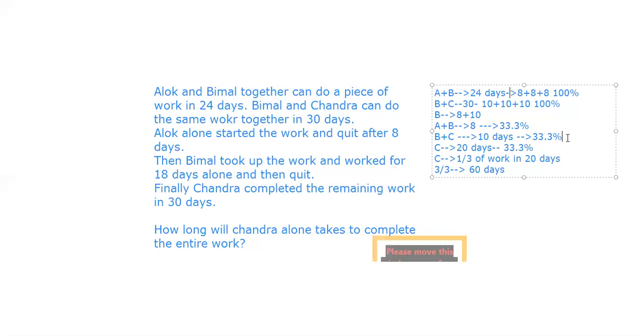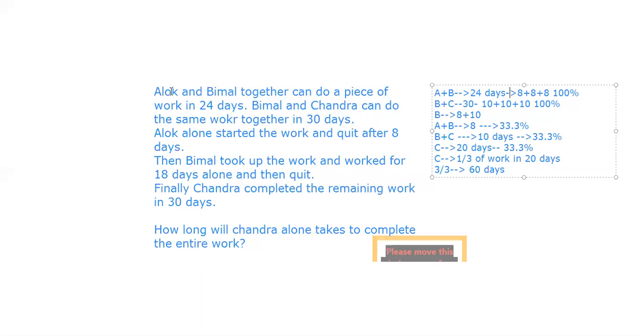So how much of the total work is done? 66.6% of the work is done. Now C has to work alone. Now C will complete the remaining work in how many days? 20 days. So C completes 1/3 of the work in 20 days. So 3/3 of the work he will complete in how many days? 60 days. Got it? Yes, sir.